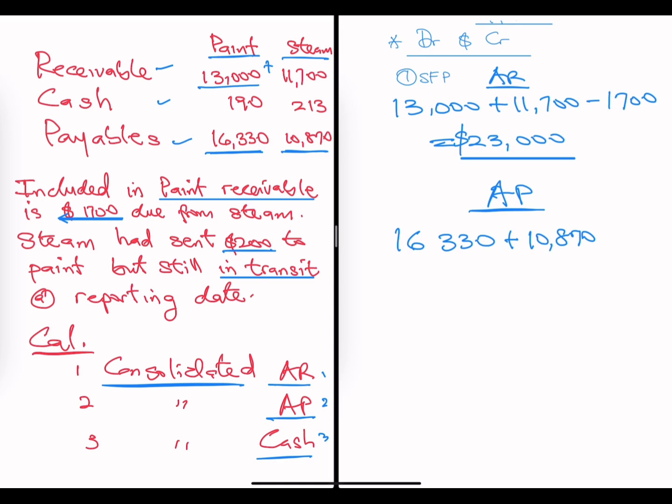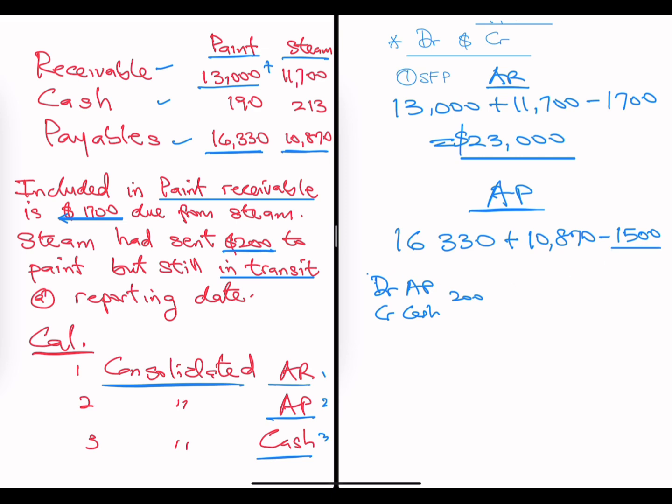Steam only has 1,500 payable to Paint. I'm going to go through the entry. Remember, when he sent this $200 that is in transit, he would have debited account payable and credited his cash with 200, thinking that he has reduced the 1,700 to 1,500.